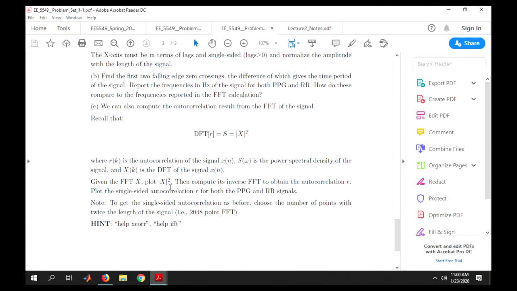Finally, when you take the inverse FFT, because we are only bothered about the one-sided FFT, choose the number of points to be twice the length of the signal. So when you compute the autocorrelation, it should have twice the length before you do the IFFT. Otherwise, you will get something wrong.